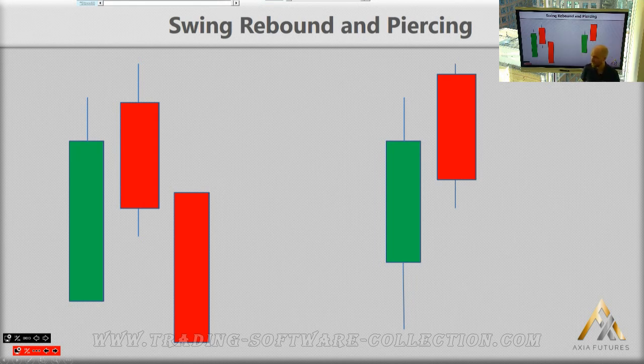So what it serves to do is stop the need for what exact shape this candle is. It's more to do with where it actually closes and what that tells you about the movement of that candle.